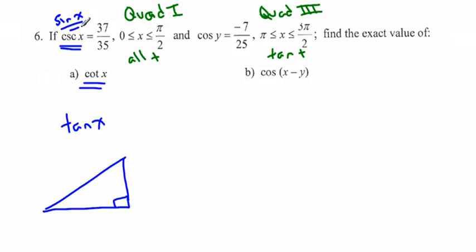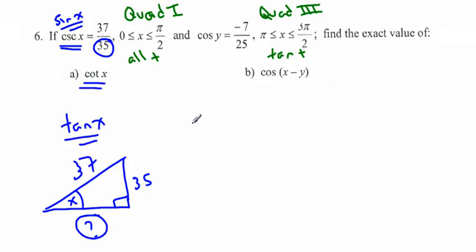If we call this x, I know that the opposite would be 35 and the adjacent would be 37. And I can use that information by Pythagorean theorem to find this, and then I can find tan or anything else. So I'm just going to note that.